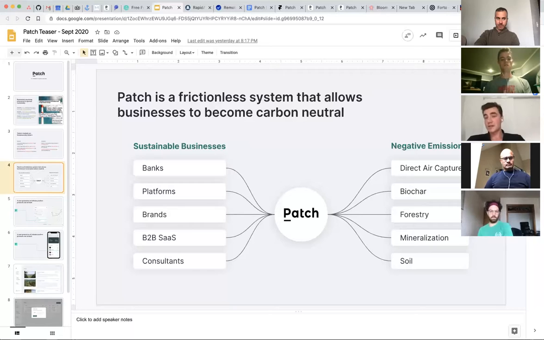And then there are some businesses like B2B SaaS businesses building a carbon accounting tool, for example, where they want to show all the data. So it's really up to the integrating party to decide what data gets shown, but Patch is responsible for capturing it all.